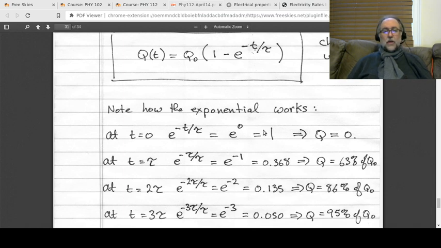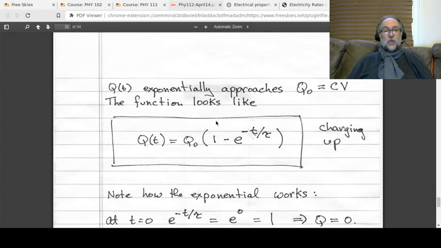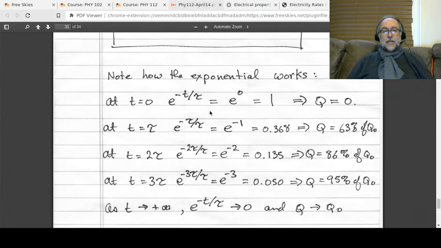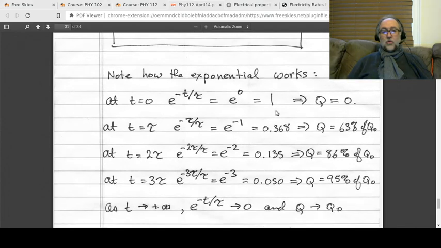Now, 1 minus 1 is 0, so you start off at q equals 0. So at t equals 0, there's no charge on the capacitor, and that's exactly what you saw on the graph here. I guess I should have labeled that as q equals 0, but I think it's kind of obvious. So at t equals 0, you have no charge.